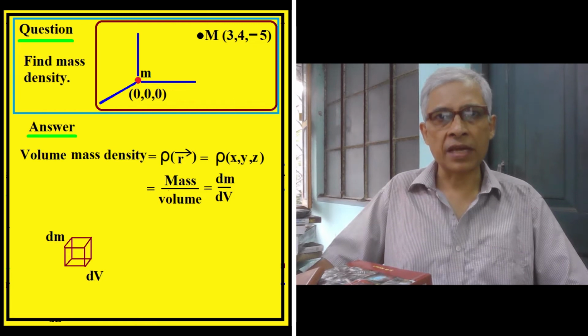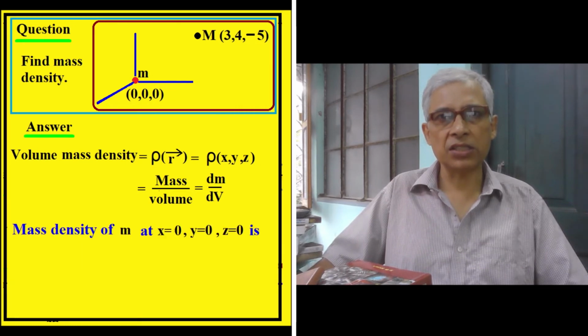Also, being a 3D problem now, the position vector would involve three components, that is, three coordinates: x coordinate, y coordinate, and the z coordinate. Since mass may be different at different points, that is, mass is a function of position, we have written rho as a function of vector r, or in other words, rho is a function of x, y, and z.